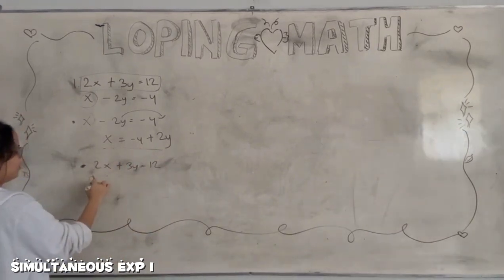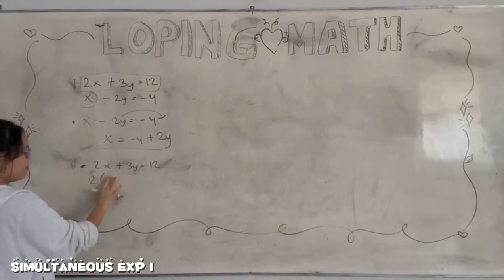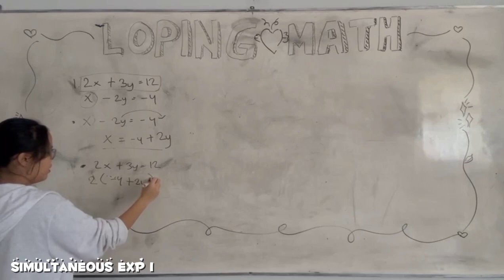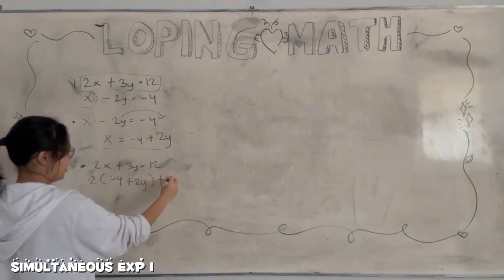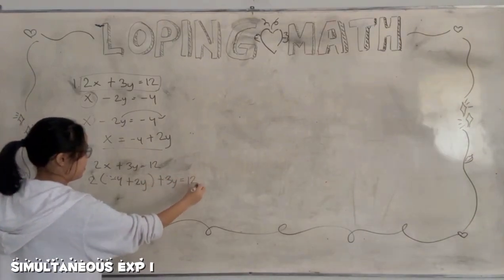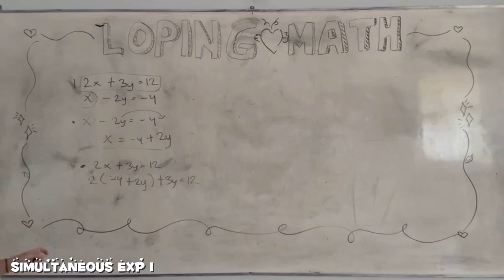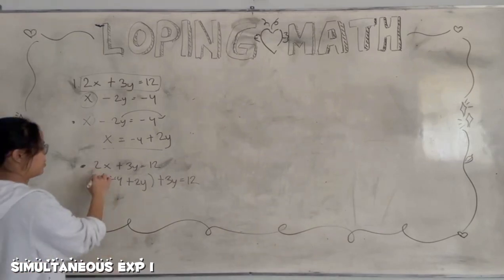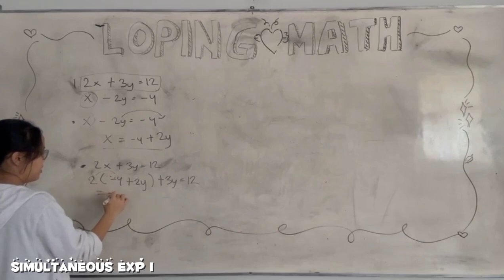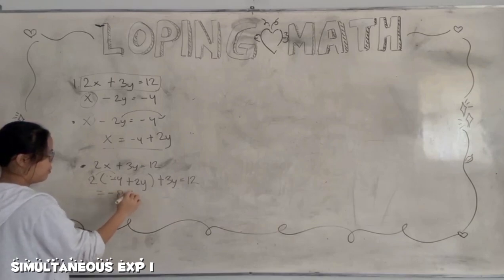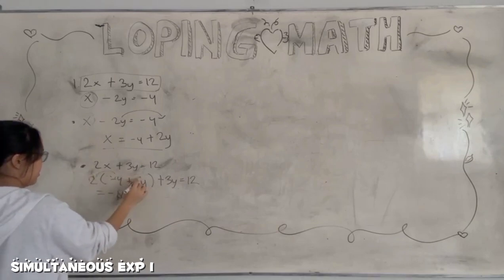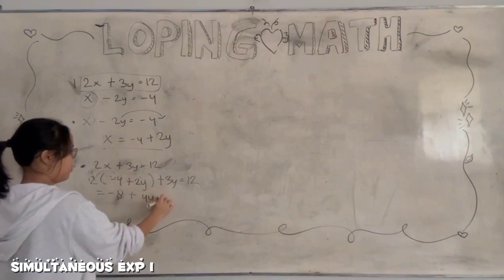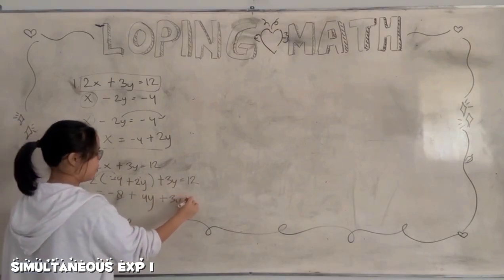So 2 times (minus 4 plus 2y) plus 3y equals 12. So the step is we multiply 2 and minus 4 is minus 8, plus 2 multiplied by 2y is 4y, and plus 3y equals 12.